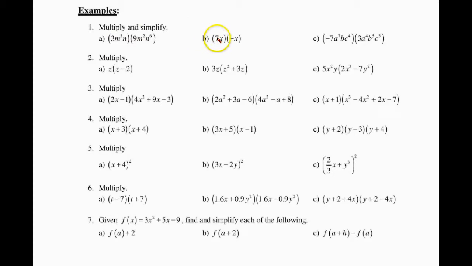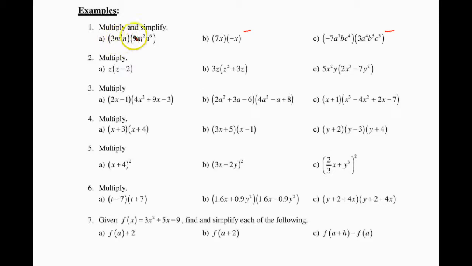But if one is positive and one is negative, your answer will be negative. And the same thing for a negative and a positive, the answer is going to be negative. So if you figure out your sign before you start, then you don't have to worry about the sign later. You already know what the sign will be.